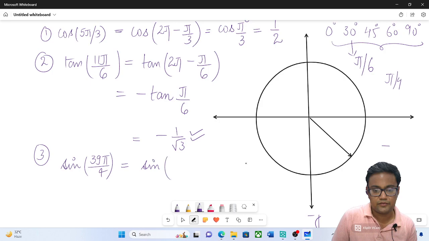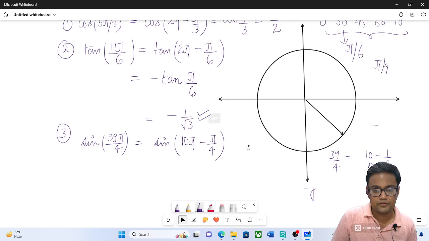So I can rewrite as 4 tens is 40 minus 1 pi by 4. Will it give you 39 by 4? See, 39 by 4, children, is 10 minus 1 by 4. 4 tens are 40, 40 minus 1, 39 by 4. I hope everybody understands this.